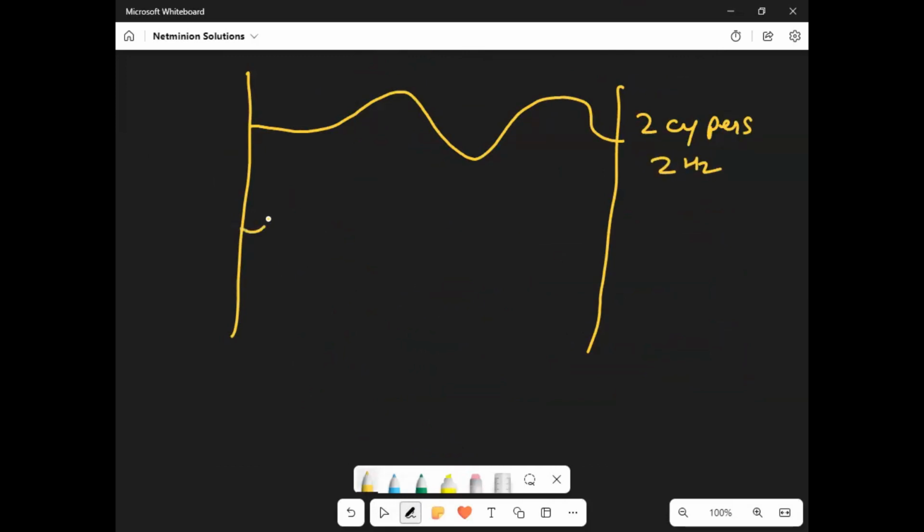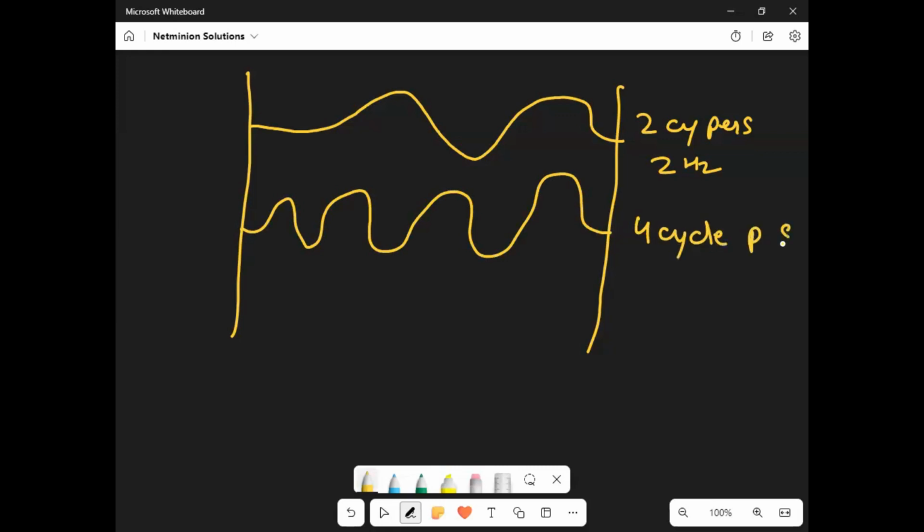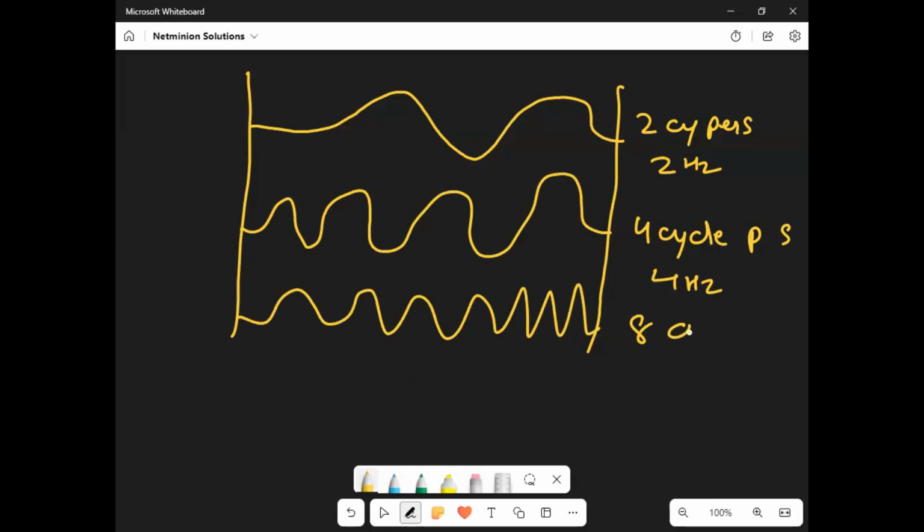One wave is like this: 1, 2, 3, 4. Four cycles per second means 4 hertz. One can be like this, maybe 8, so it will say 8 cycles per second, 8 hertz.